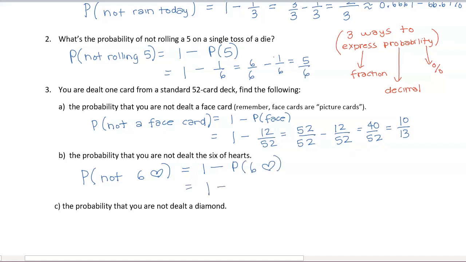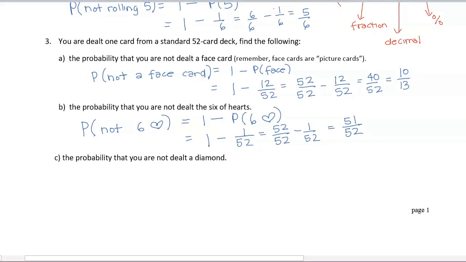So this is 1 minus, there's only 1 six of hearts in each deck. So this becomes 52/52 minus 1/52. So 51/52 is the probability that we are not dealt the 6 of hearts. So pretty likely that we aren't going to get the 6 of hearts.